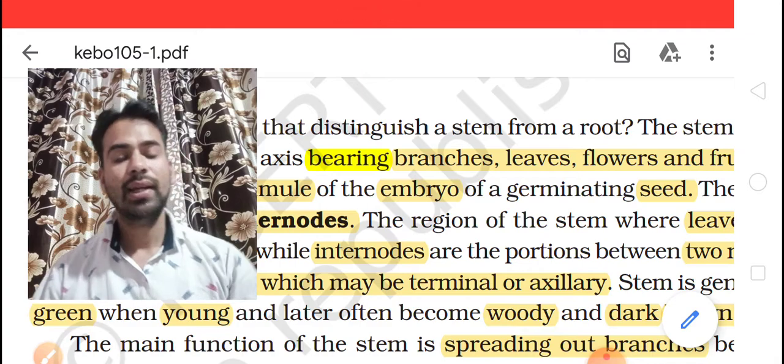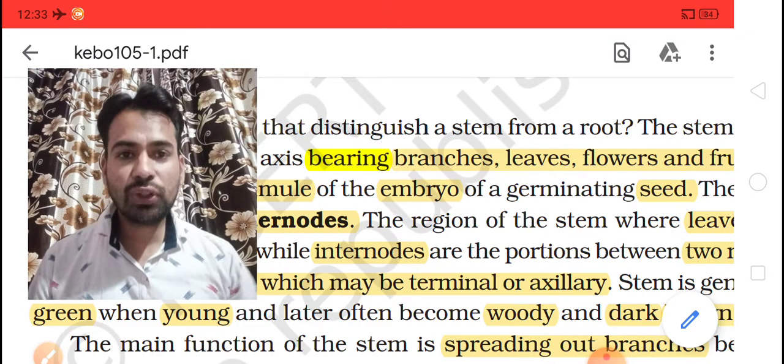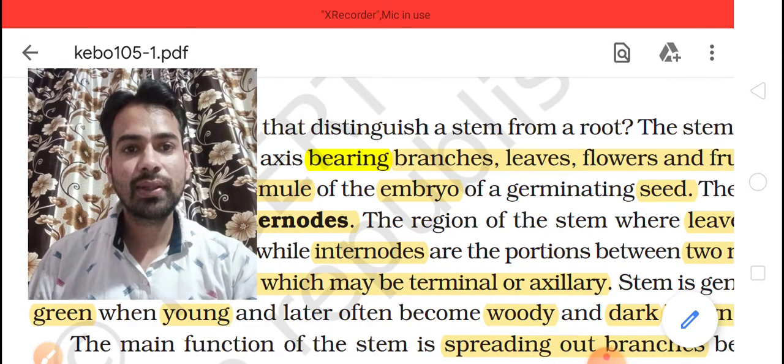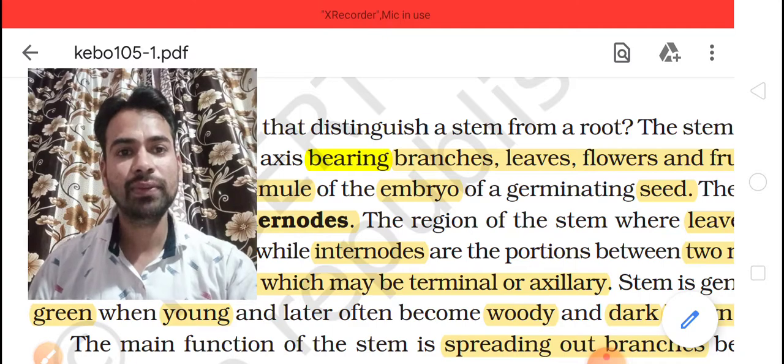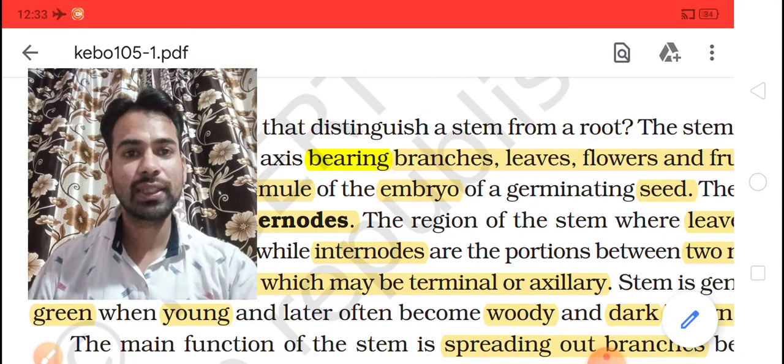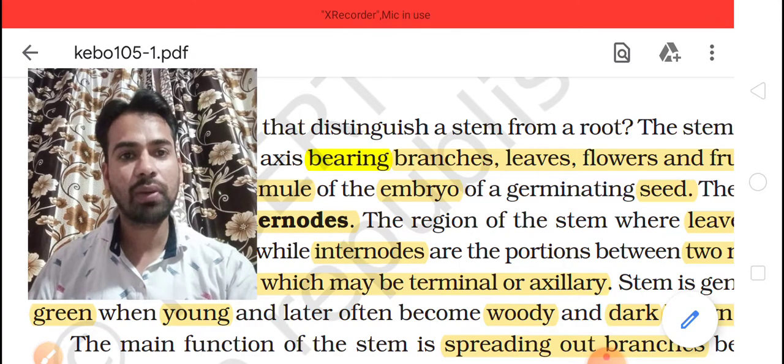They also bear leaves, flowers, fruits and branches. So they have various functions. One by one we will discuss each, and also we will discuss modification of stem. Okay, so let's start.